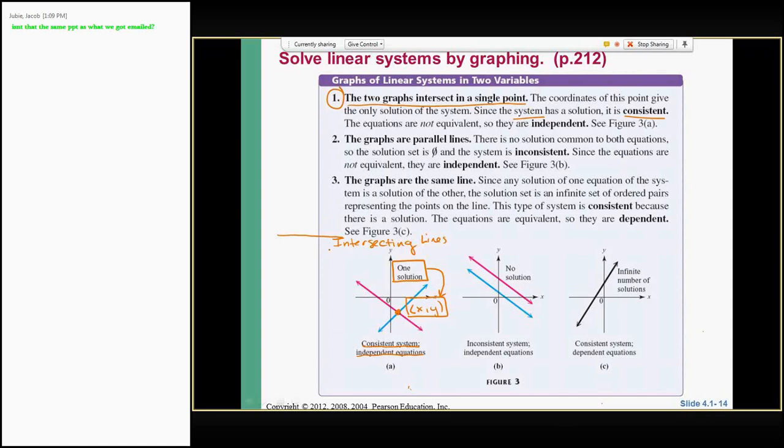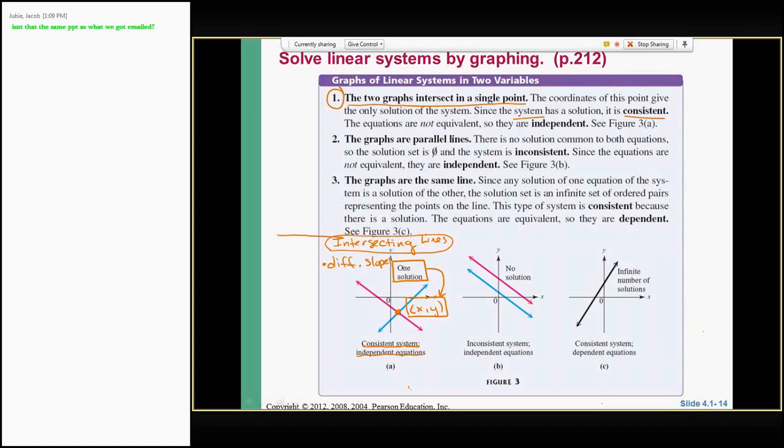When you're talking about intersecting lines, if they're going to intersect or cross, what do you know about their slopes? You're right, Jacob. What do you know about the slopes? They have different slopes.